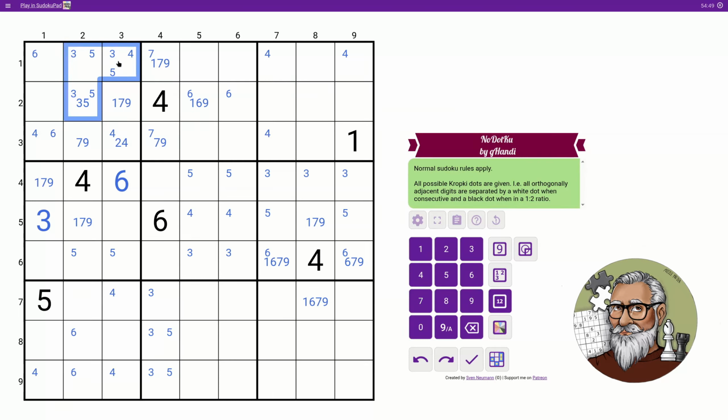These are the only 3 places where we can have 3 and 5. Yeah, this can't be 4. Because if this is 4, then that's a 3-5 pair, and this would have to be 3 or 5. So, right, finally something. Not a lot, but finally something.